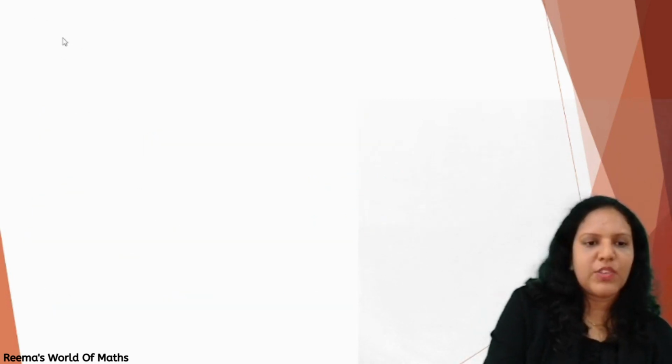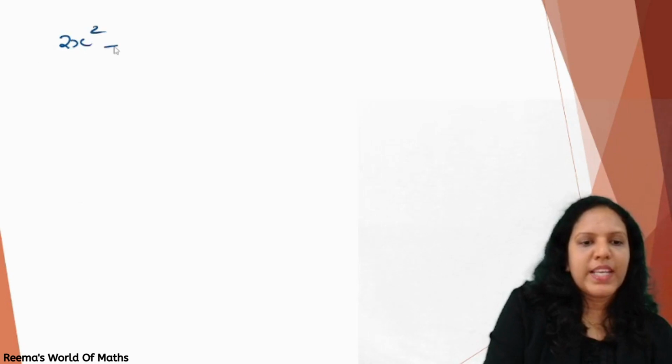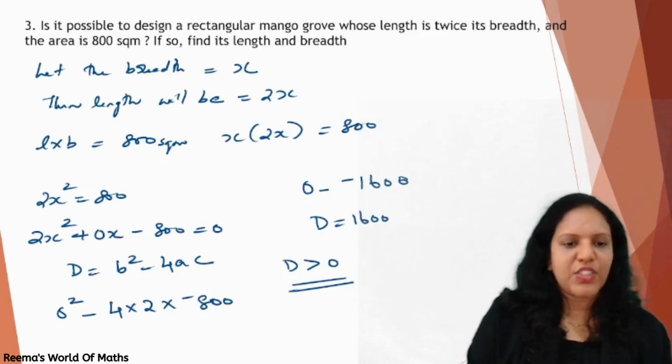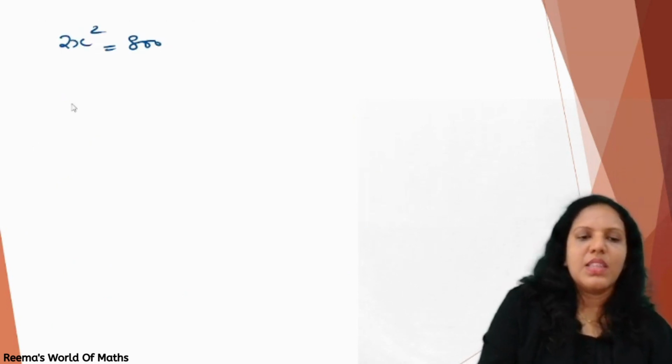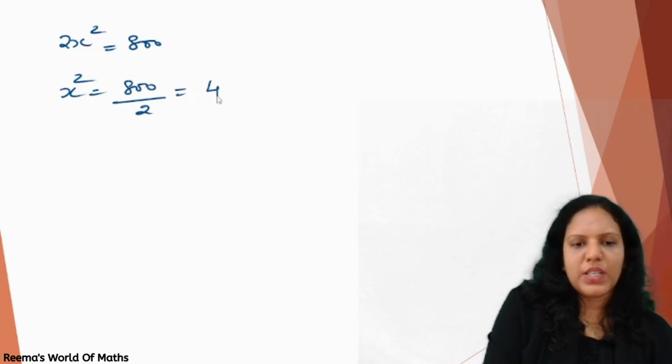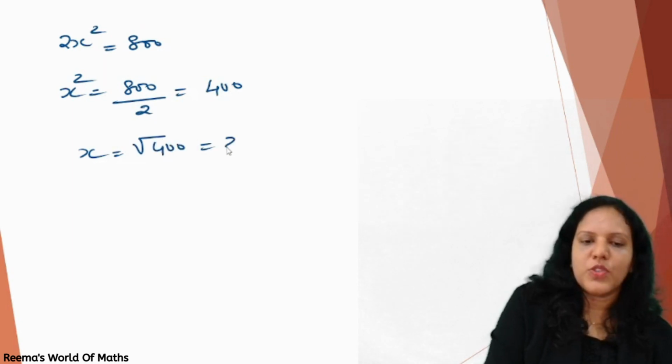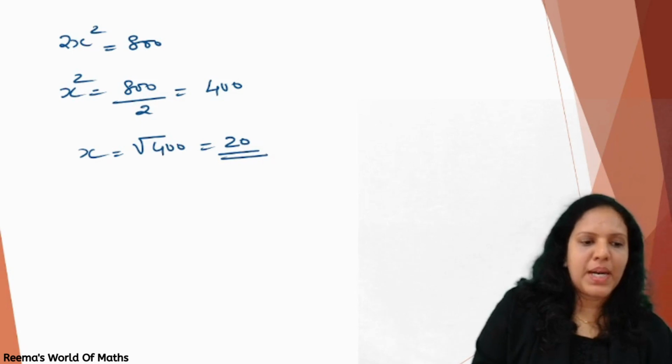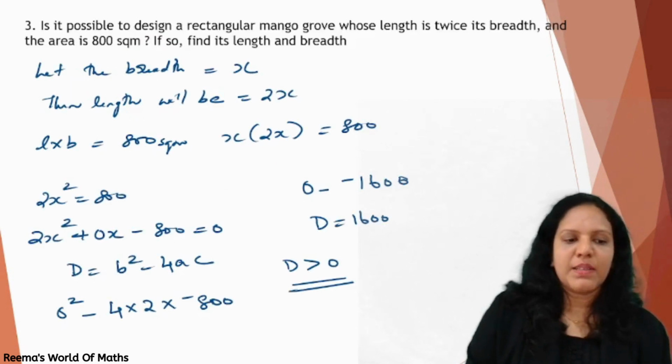So first we have 2x squared equals 800. We got that because the area of the garden is 800. 2x squared is equal to 800. Then x squared will be 800 divided by 2, which is 400. Then x will be the square root of 400, which is x equals 20. x is the breadth, as we considered x as the breadth.